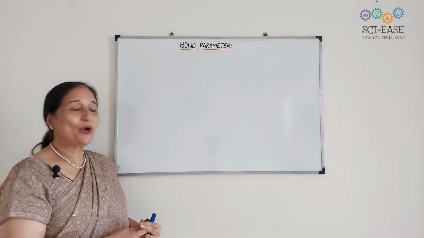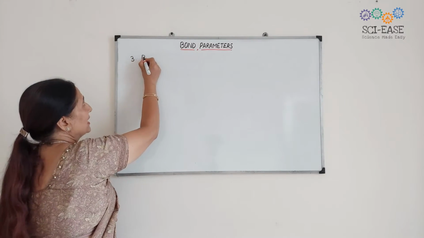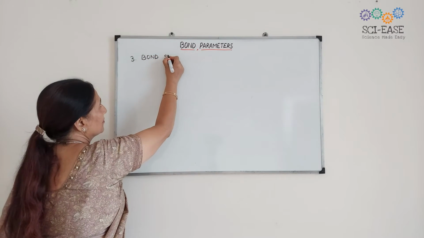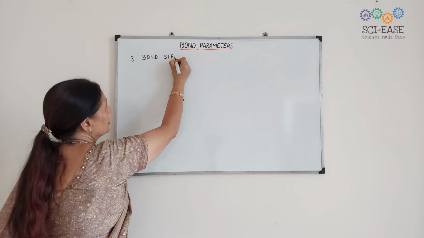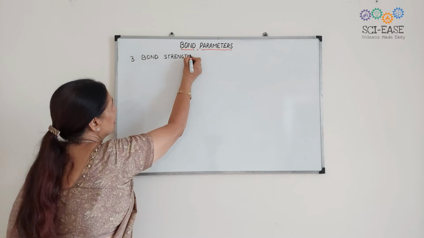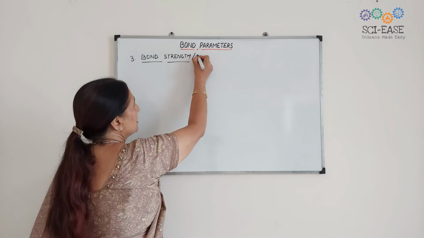Now the third bond parameter is bond strength, or you can say bond stability also.